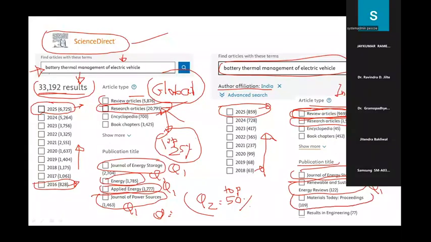This Materials Today Proceedings is Scopus indexed. So the aim of displaying this information is just to inspire you to take a research topic which researchers across the globe are working on.